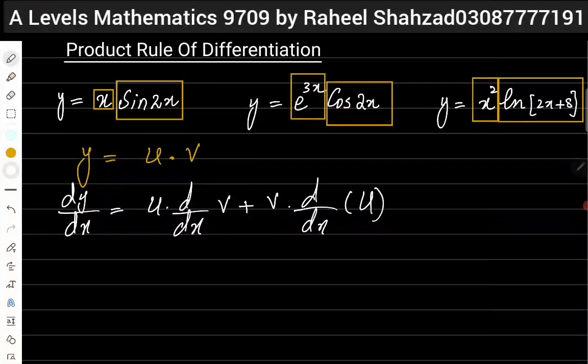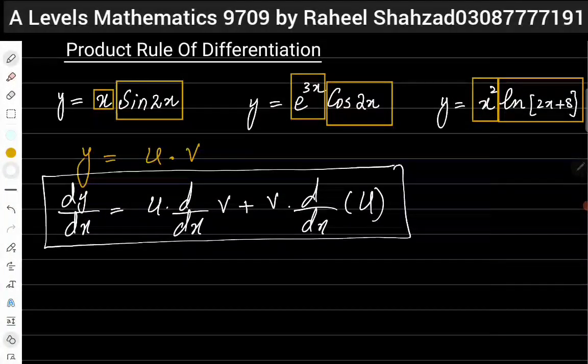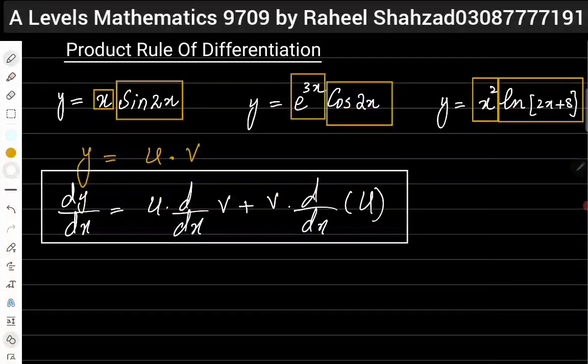So u dot dv/dx plus v dot du/dx. This is known as the product rule of differentiation.